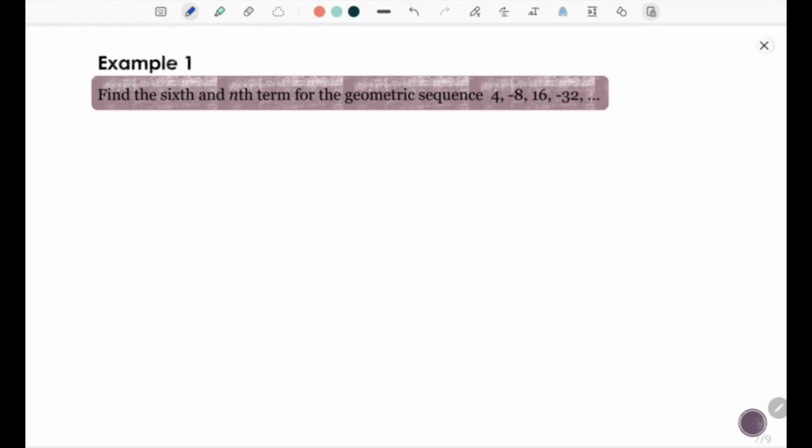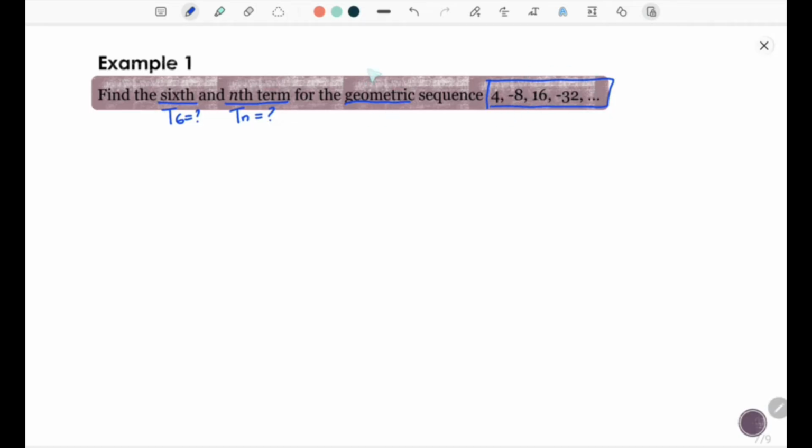Example 1. Find the 6th and nth terms for the geometric sequence 4, -8, 16, -32 and so on. So you will use this sequence to find the sixth term, which is t6, and the nth term, which is tn, and tn here must be in terms of n. Before you can find t6 and tn, you must find some information based on this sequence.